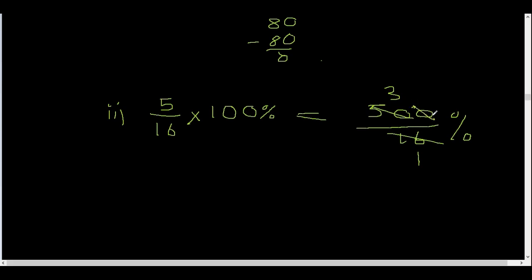Remainder 2. Into 20, that's 1. Remainder 4. With a comma there. We add a 0. 16 into 40, that is 2. Remainder 8. 16 into 80, that's 5. Therefore, the percentage is 31,25%.